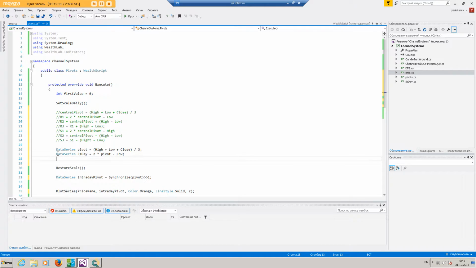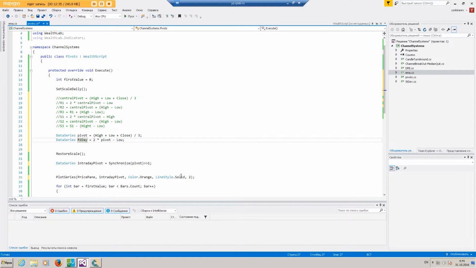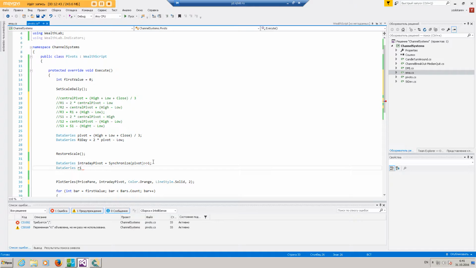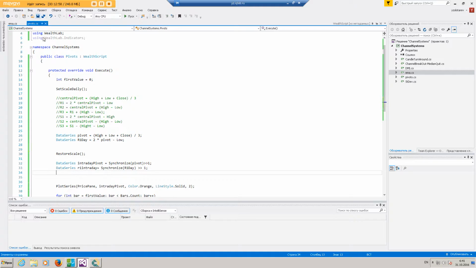Next, and you might want to, straight after that, the intraday equals, and you have to do this for every single pivot. That's R1 intraday. Okay, so now it's synced.